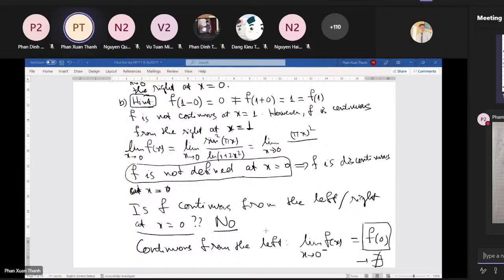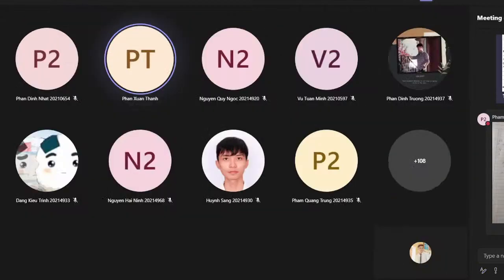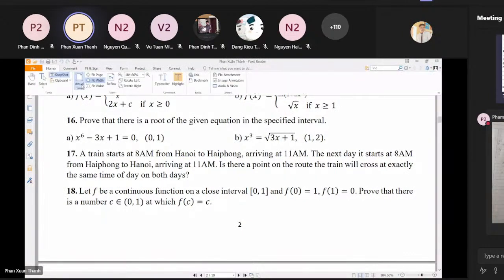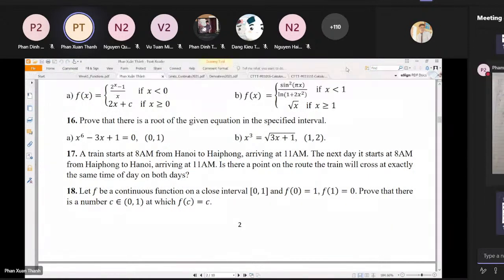Okay, before continuing with the derivative of the function, let's do one more exercise. Exercise number 17, on the continuity of the function.